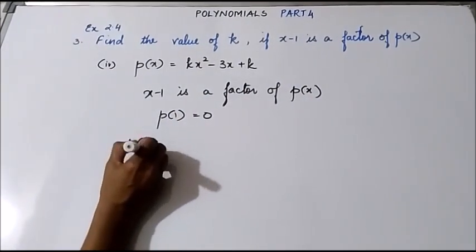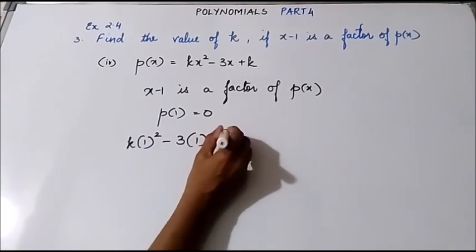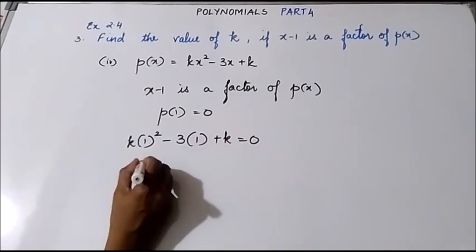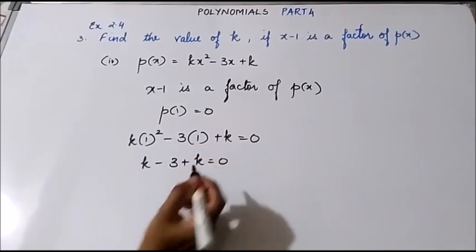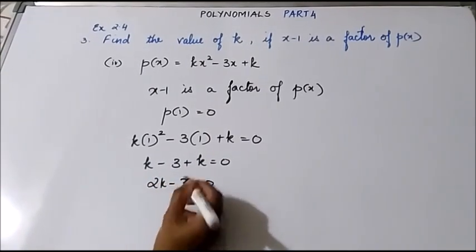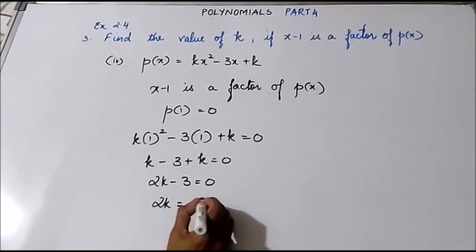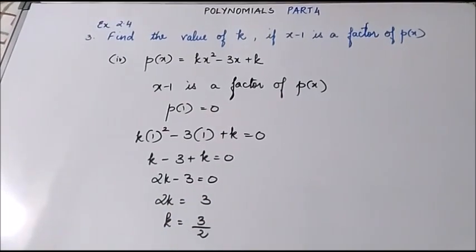Now here we get k into 1 the whole square minus 3 into 1 plus k is equal to 0. This is k minus 3 plus k is equal to 0. K plus k is 2k minus 3 is equal to 0. 2k is equal to 3. K is equal to 3 by 2.